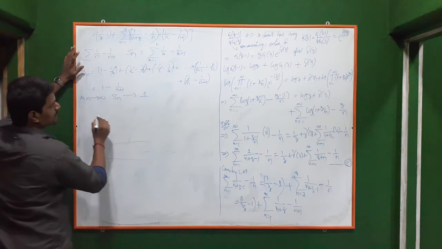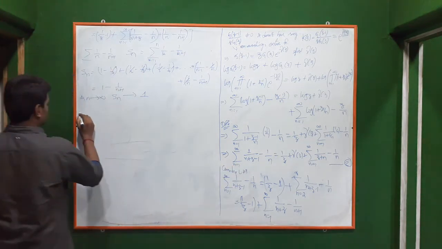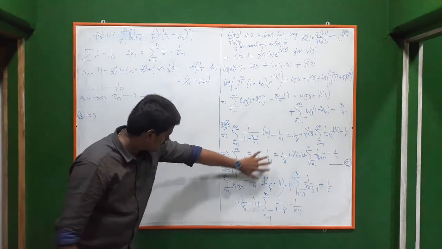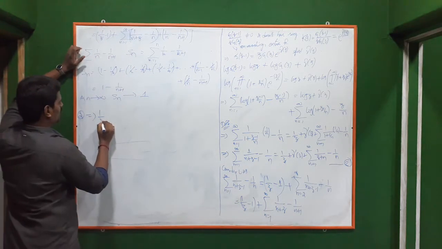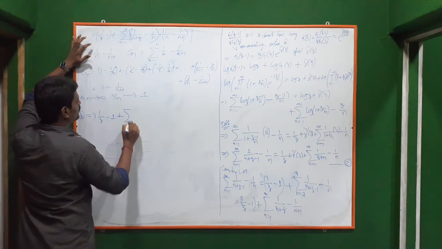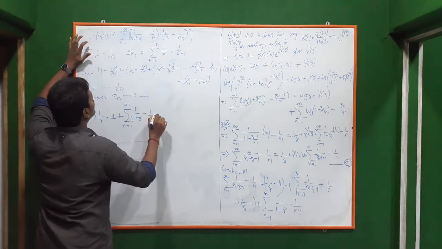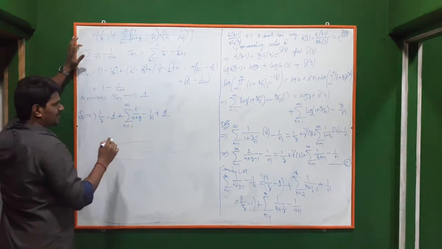So we have got this as the second equation. What is your left hand side? Left hand side is 1 by z minus 1 plus summation n from 1 to infinity of 1 by n plus z minus 1 by n plus 1. This plus 1 and minus 1 will be cancelled out.